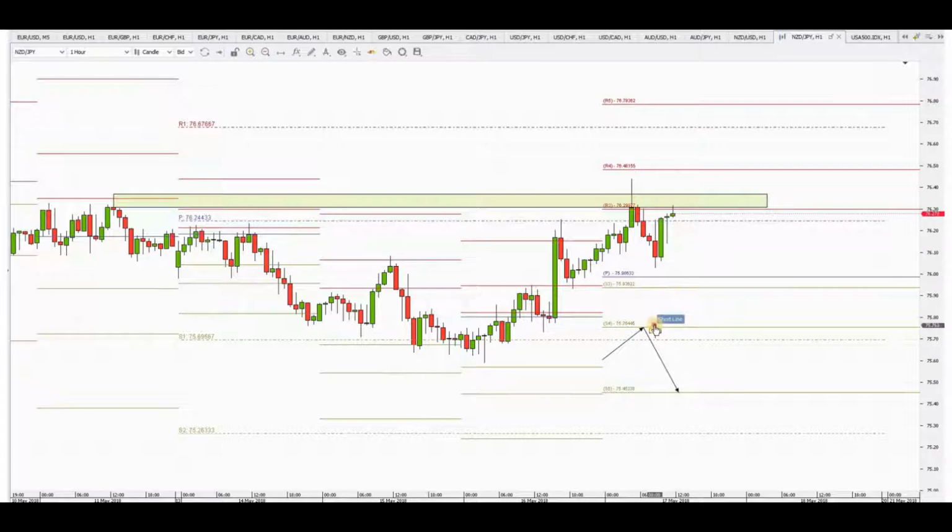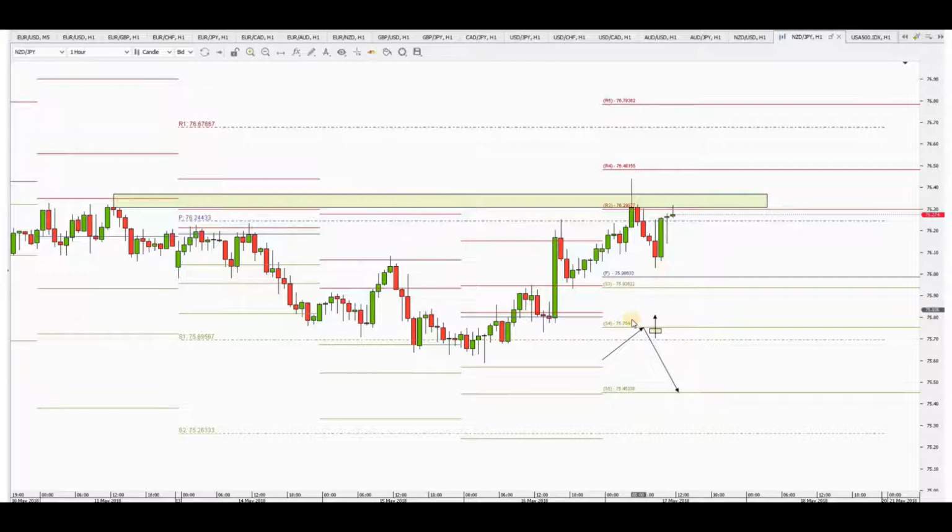So I would want the candle to break above and close below this level, and on a new candle I would go short. So that's what I would be looking for.